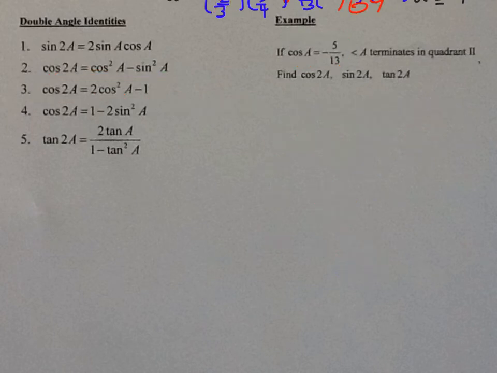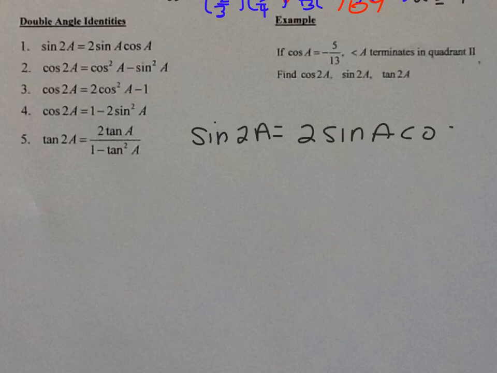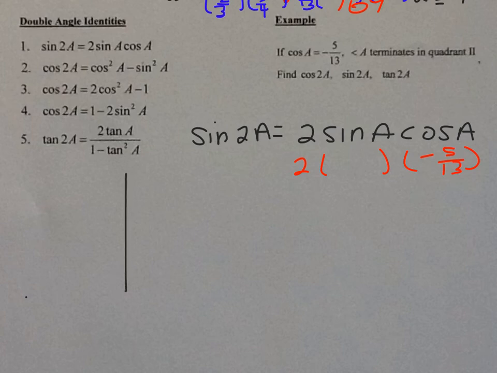All right, let's take a look at sine 2A. Sine of a double angle is 2 sine A cosine A. So we need 2 times something times something. This is what we have. We have the cosine A, which is negative 5 over 13. We need sine A. So it says the angle terminates in quadrant 2. And they give us cosine, which is the adjacent over the hypotenuse, so it'd be negative 5 over 13.